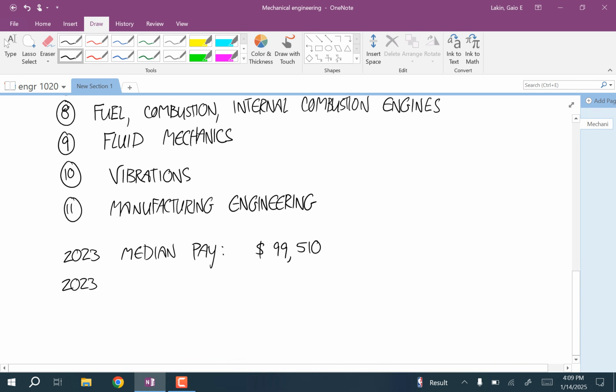As I mentioned at the beginning, this is one of the 3 big branches of engineering. And so in 2023, there were 291,900 people working as engineers in the US.